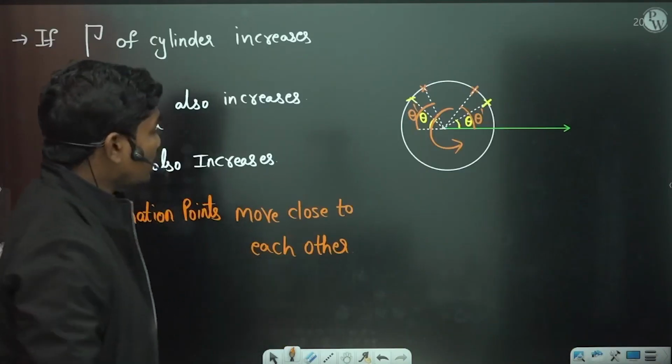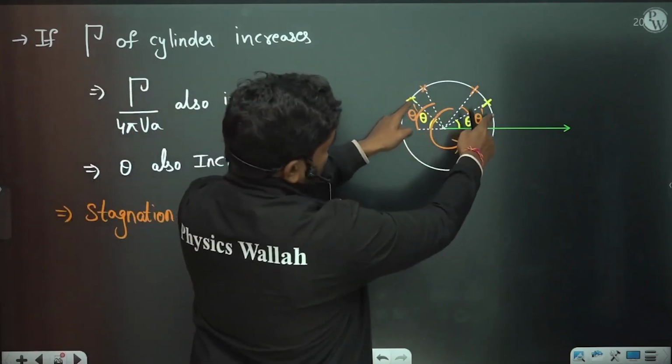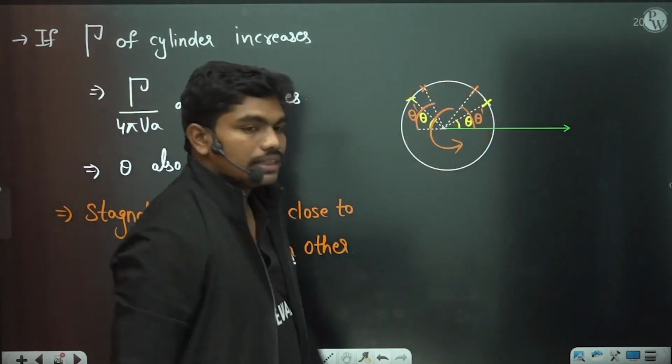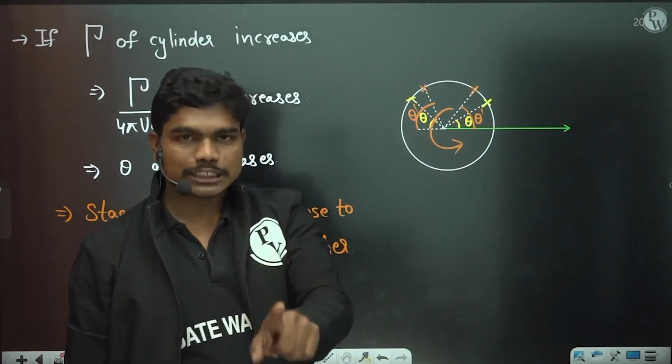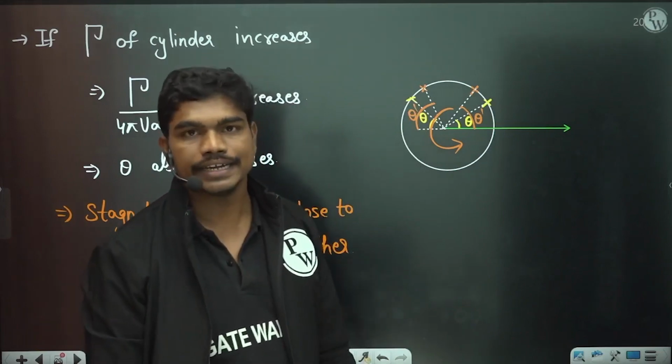But try to understand one thing: whenever the rotational speed is increasing and the stagnation points are coming close to each other, there exists one particular situation where these two stagnation points will meet at 90 degrees, yes or no?